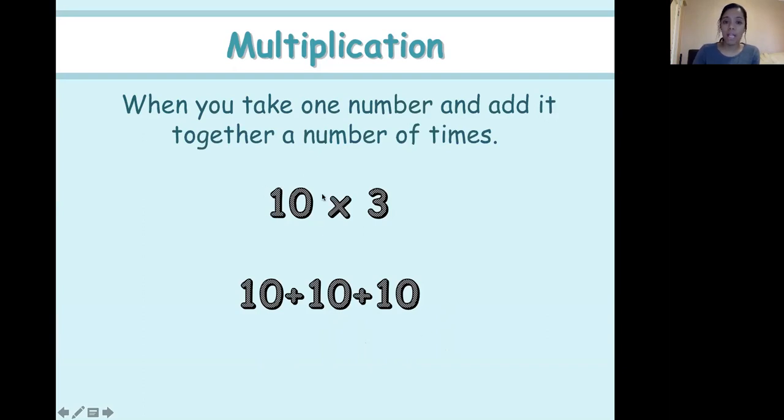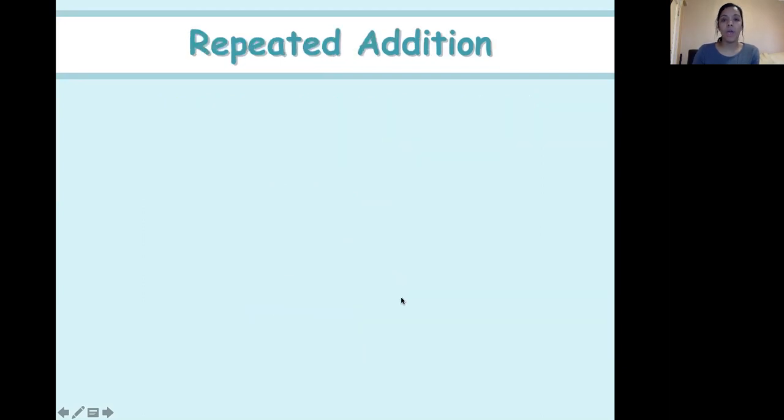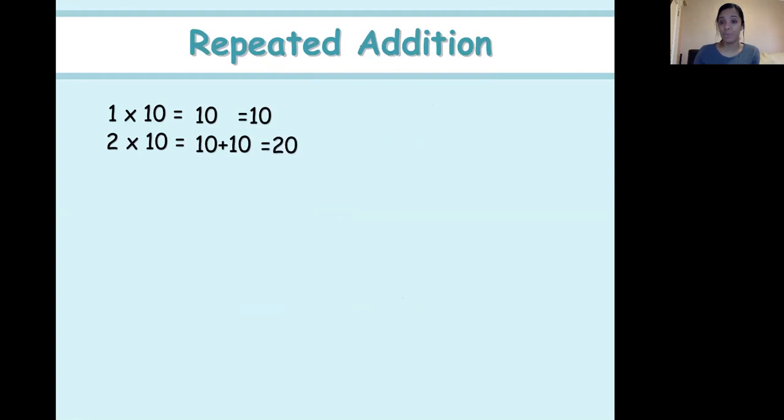You're taking one number 3 times, okay? So we can do that with repeated addition, all right? So what we do is the same thing we did with the 2s and the 5s. 1 times 10 is 10. If we have 2 10s, it's going to be the same as 10 plus 10, which equals 20.